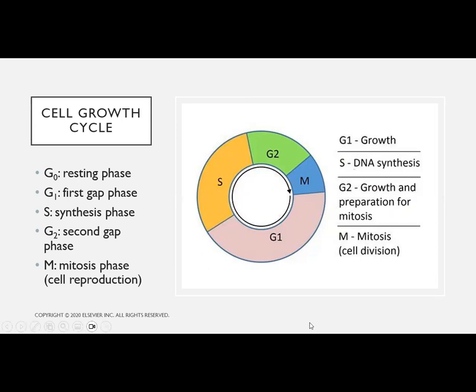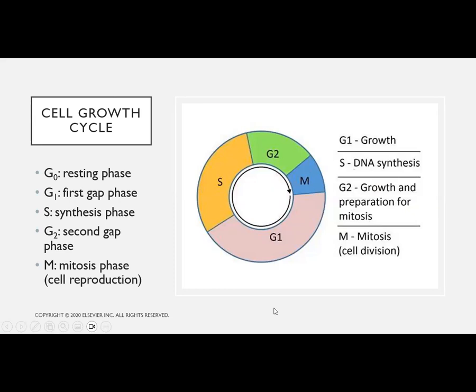What happens is a lot of times there's a dysfunction within a cancer cell that causes an issue with cell reproduction. So they'll keep on producing and producing and producing, and there's no actual stop. So what a lot of these cancer agents do is try to stop somewhere within these cell growth cycles.